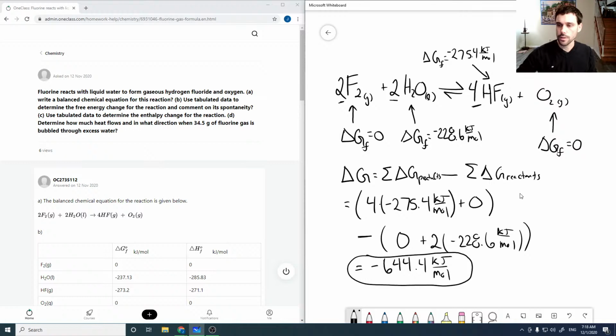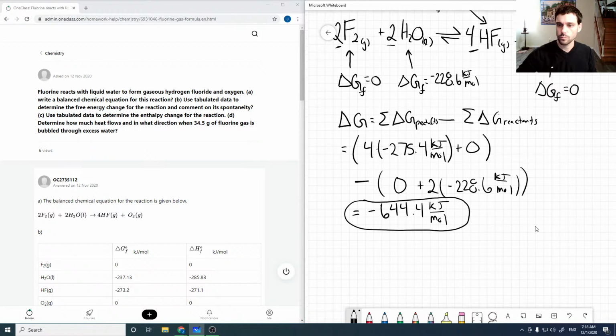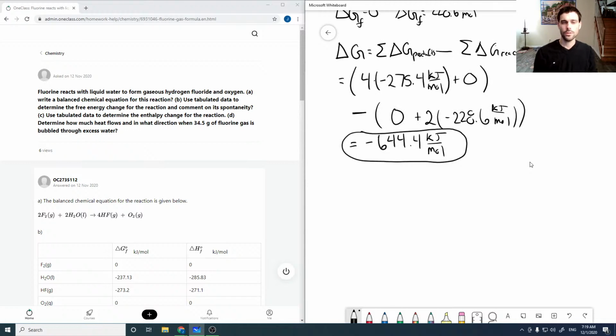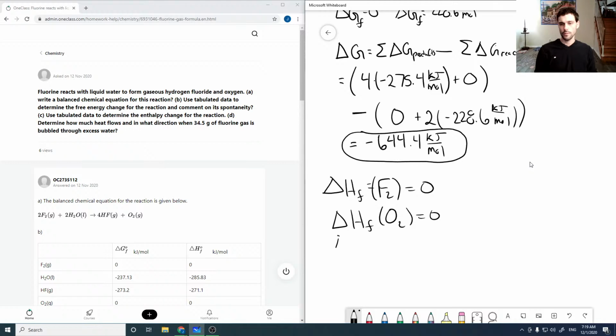Now the next part of the question asks to calculate the enthalpy change using tabulated data. So again, delta HF for F2 is 0. Delta HF for O2 is 0.